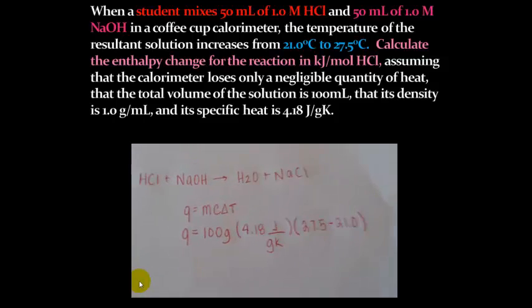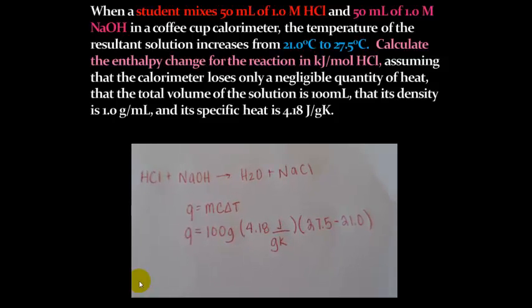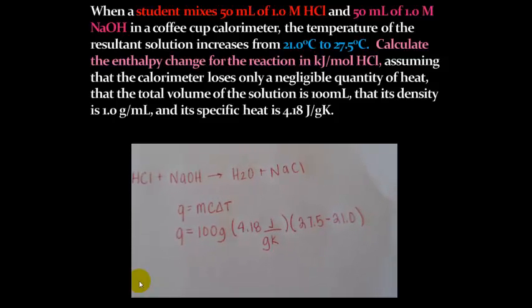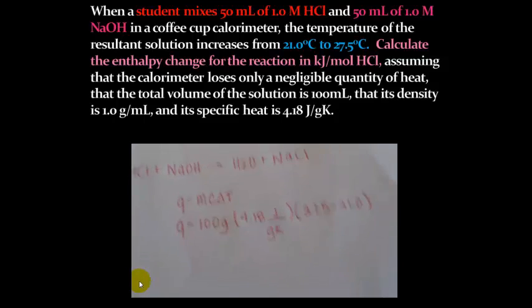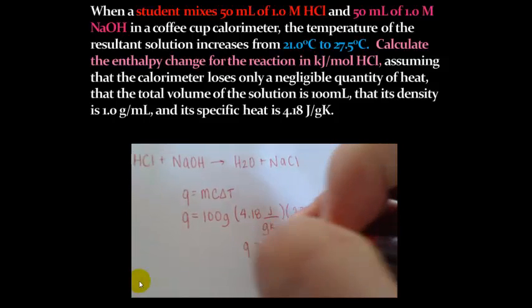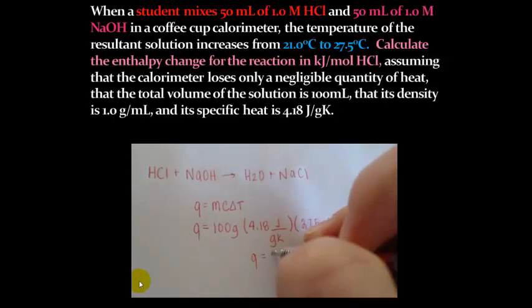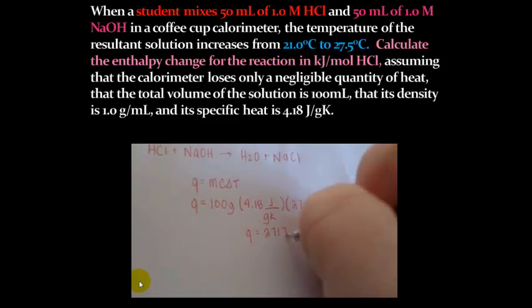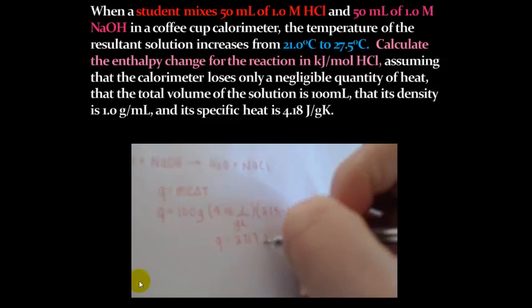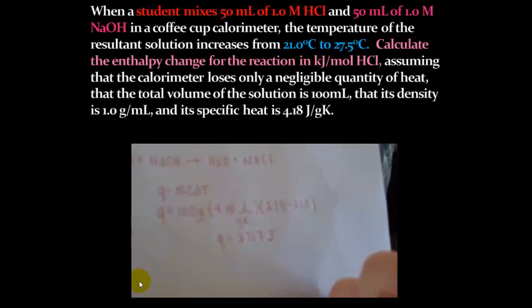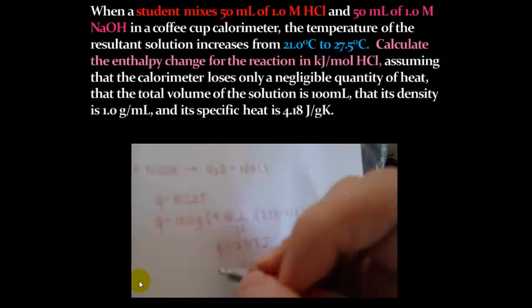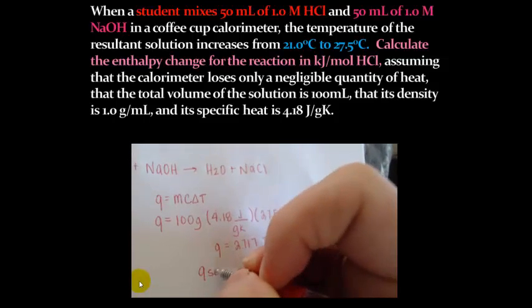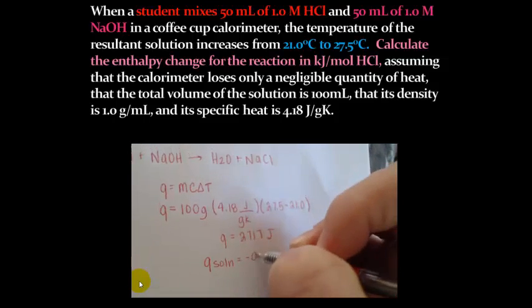So this is exothermic. And when we put these numbers in for Q, we get a Q of 2,717 joules.